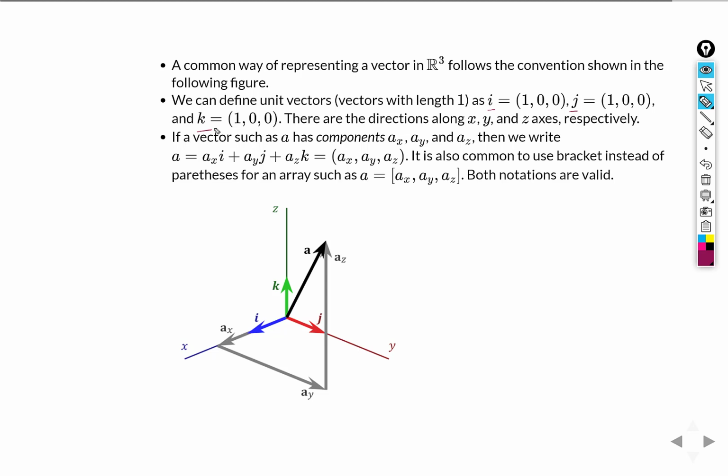A 3D vector, such as A, with components ax, ay, and az, has 3 coordinates. We can write A to be the product of each parameter along its unit vector.